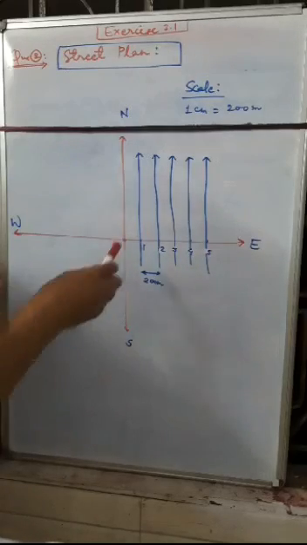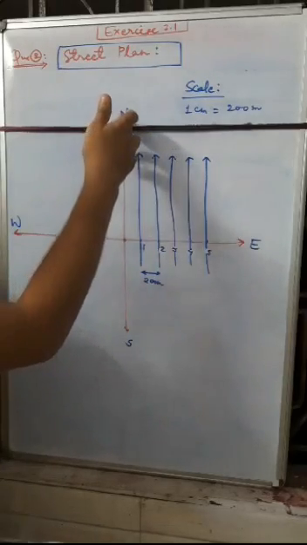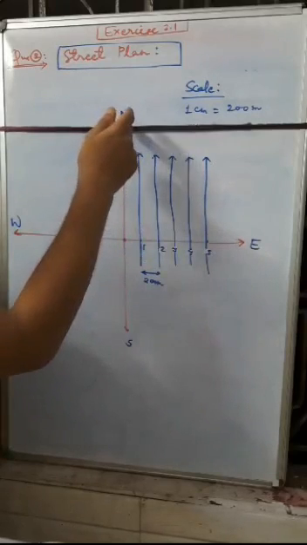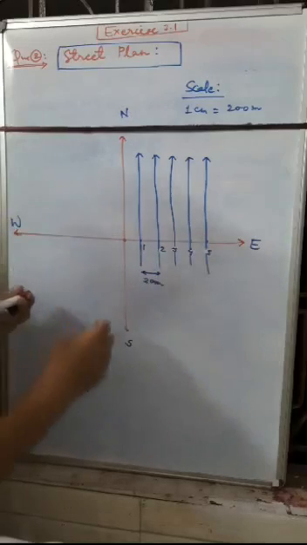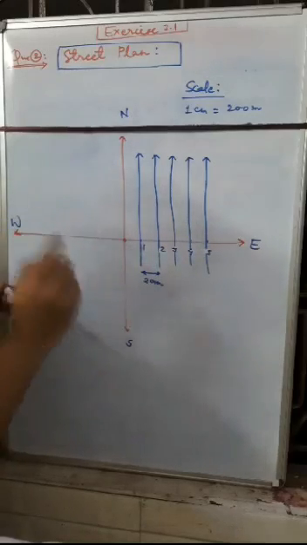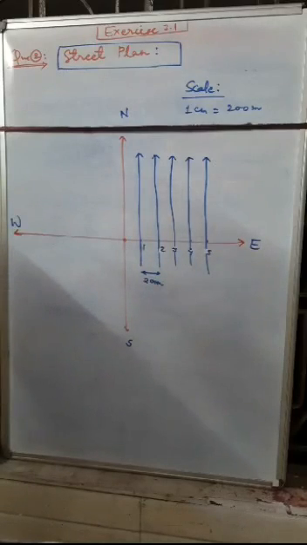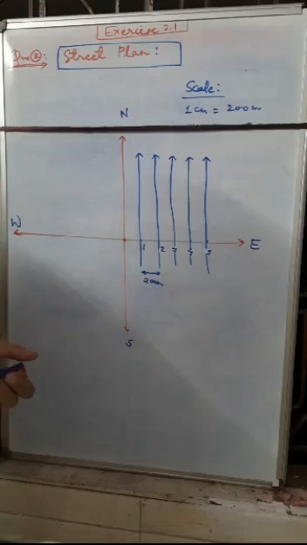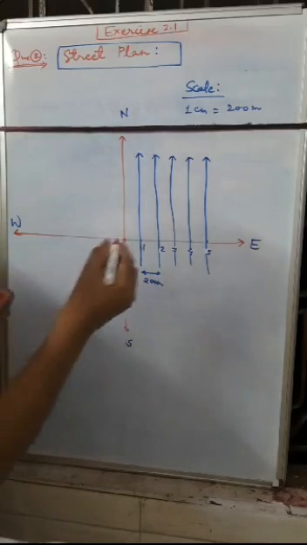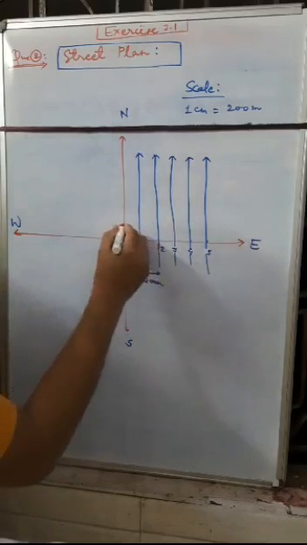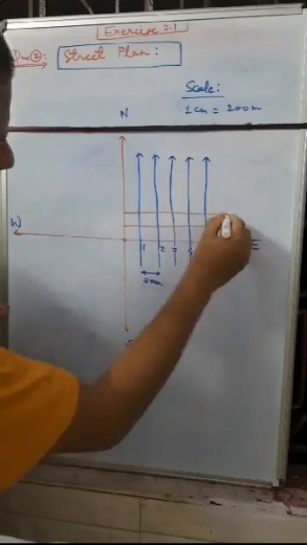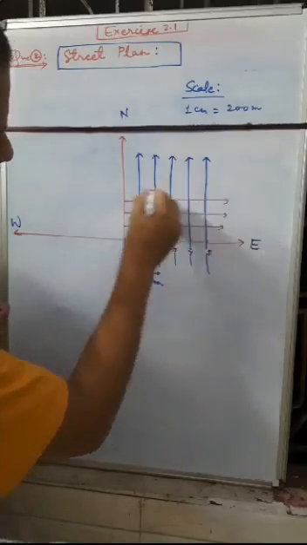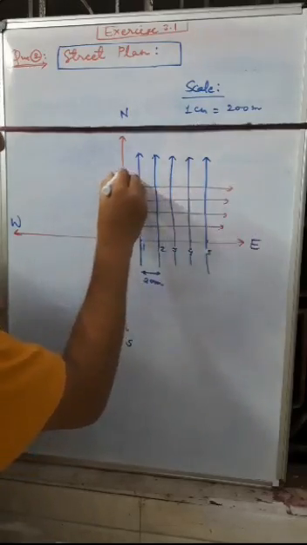This is the origin point where the 4 directions are intersecting. The north-south road is intersecting the east-west road, so it is the origin point or center of the city. It is given in the problem. Now 5 parallel streets are there: first one, second one, third one, fourth one and 5th one.